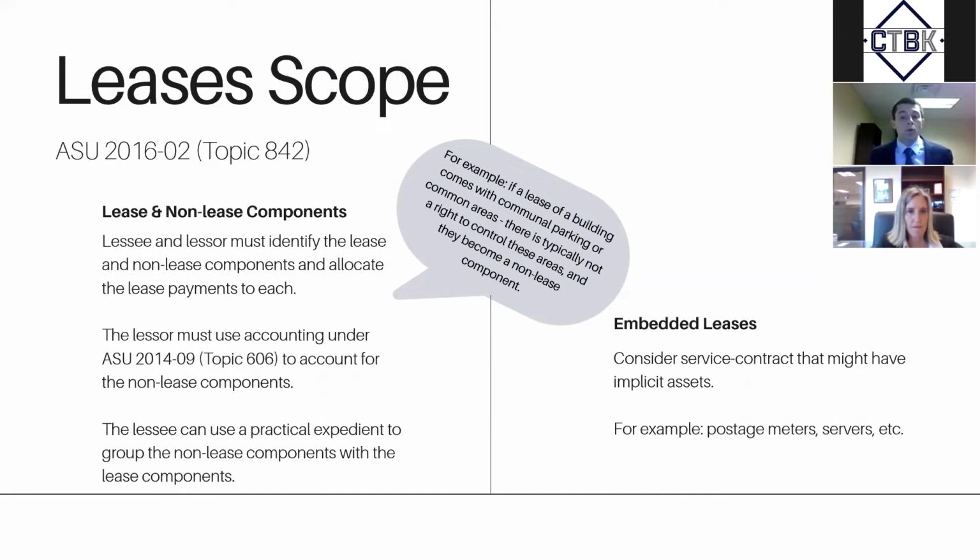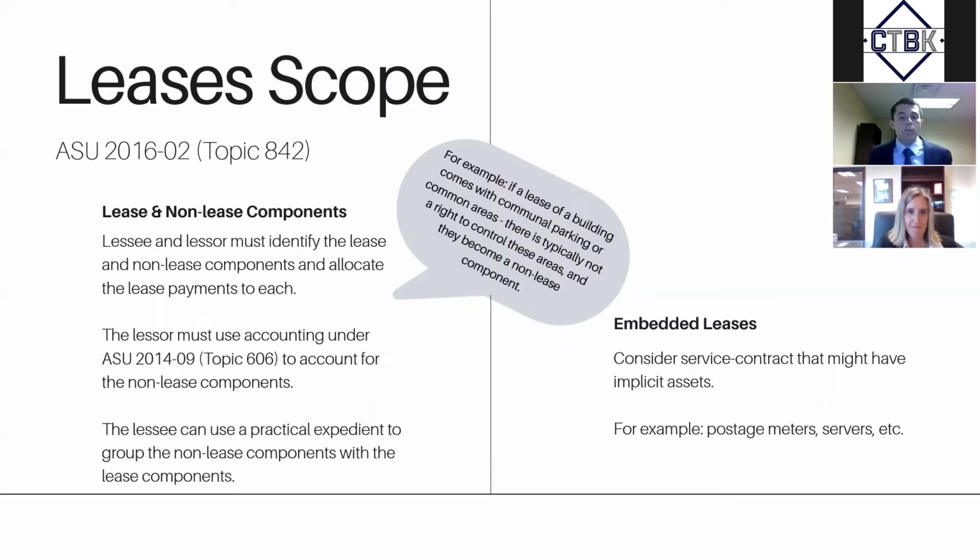The lessor must then account for these non-lease components under ASU 2014-09, Topic 606. However, a lessee can use a practical expedient to group the non-lease components with the lease components to simplify adopting Topic 842.